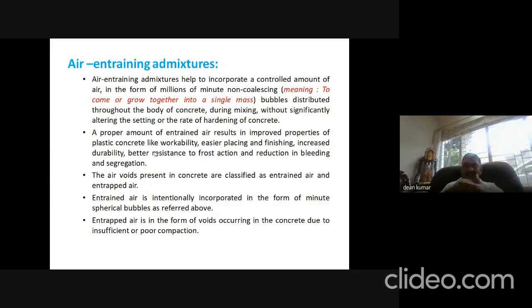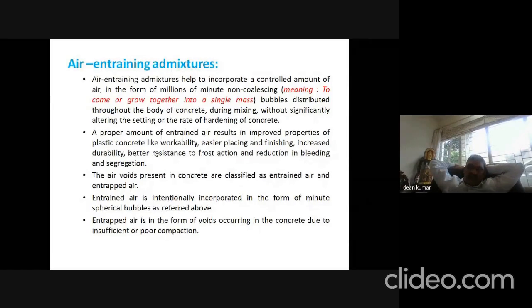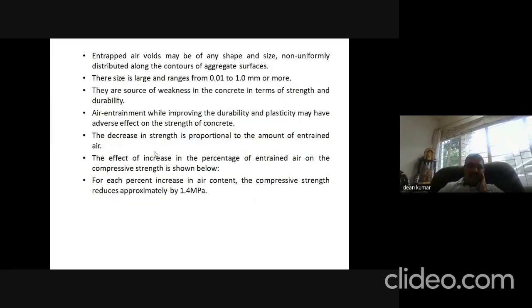Entrapped air, in the process of making concrete, some air is trapped inside the concrete. Typically, if you do compaction, the air should come out, but since your compaction is not proper, that air has not come out, it got entrapped in the concrete, and that is called entrapped air.